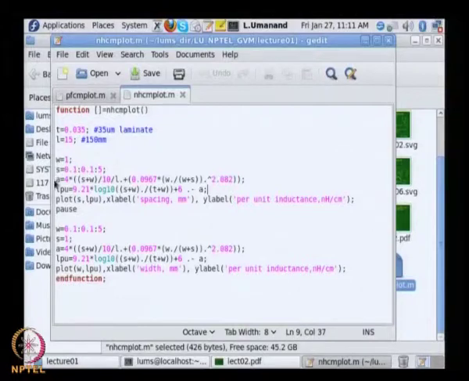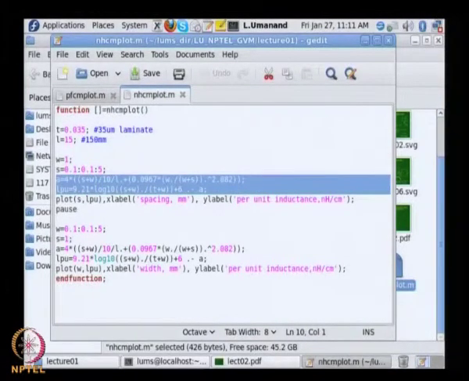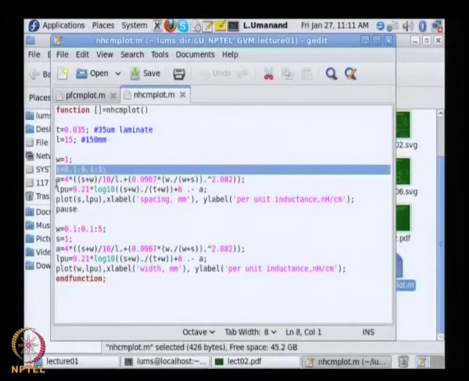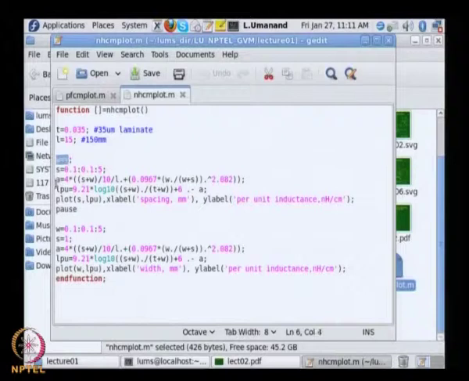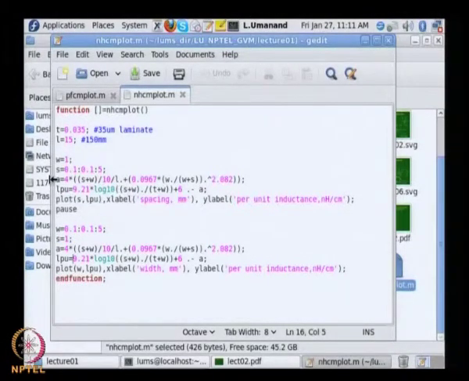Just like before, I have put in the equations for the inductance per unit length here, and I have used the dot operators just like before, because in the first case I want to see the variation with respect to the space, giving the width as 1 mm for the track, and in the other case I am giving the spacing between tracks as 1 mm, and then you have the plots for the two figures, one with respect to spacing, another with respect to the width.